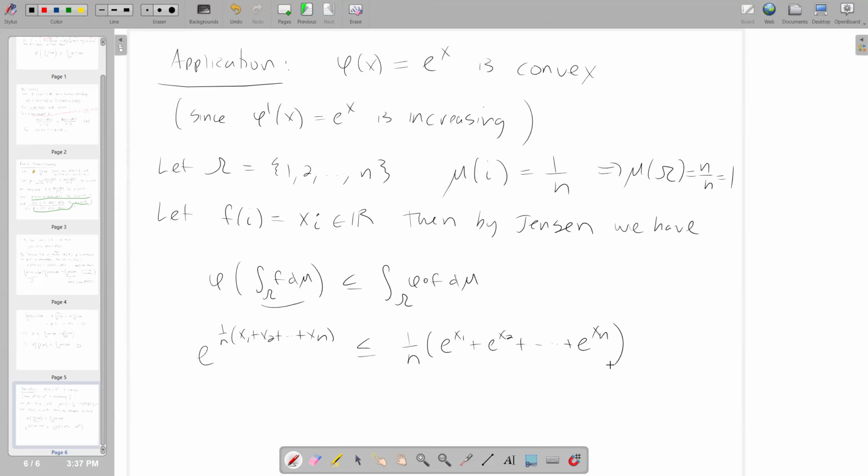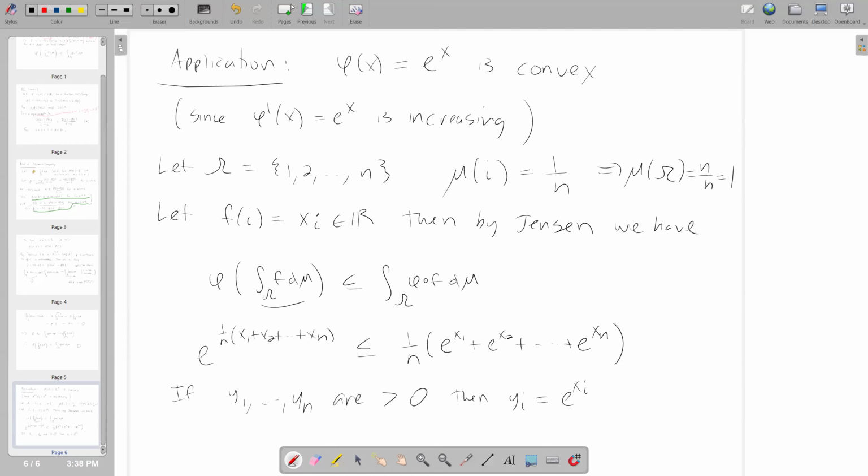But now if y1 through yn are positive numbers, then yi is equal to e to the xi, okay?